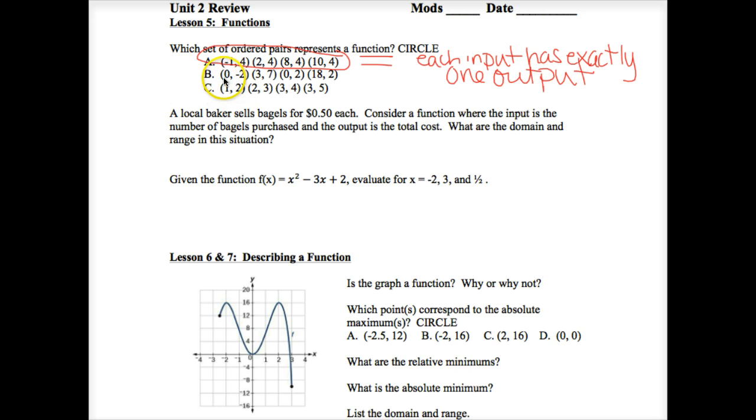If I look at B, the first and the third ordered pair both have the same input, but they have different outputs. So input 0 has two different outputs, and that's not okay. Same thing down here in C. The last two ordered pairs, input 3 is assigned to two different outputs. So that is why that one is not a function.